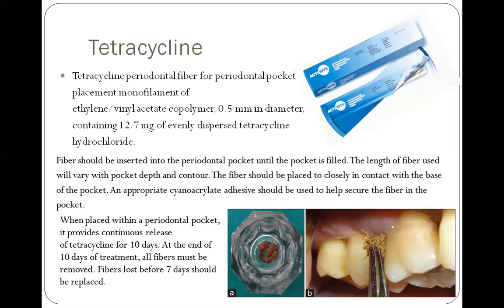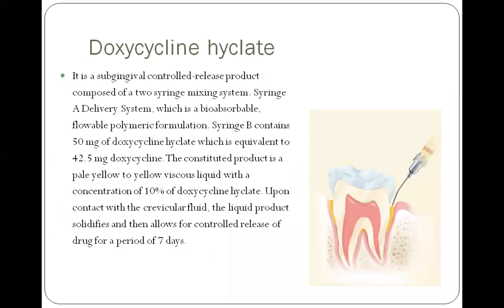But we have to check before 7 days if some of the fibers have been lost during the first 7 days, then we should replace them with new ones. Okay, this is about the tetracycline or Actisite fibers. Second type is doxycycline hyclate.